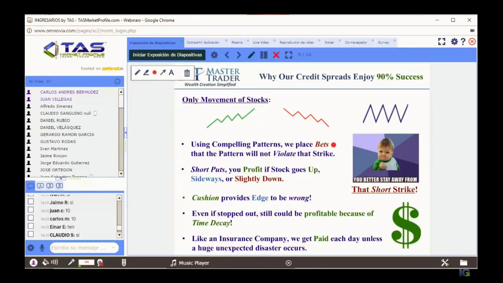Once we do that, we win 80% of the time, because if we're short puts, for example, which I will show you an example next, that money that we put in our pocket, we keep it as long as the stock goes up, if the stock goes sideways, or if it goes down a little bit. We still make our full profit. So by selling, I refer to this as a cushion, if you will.